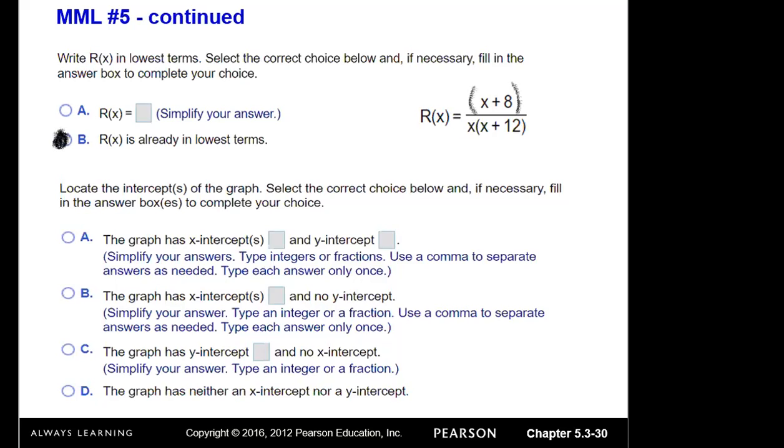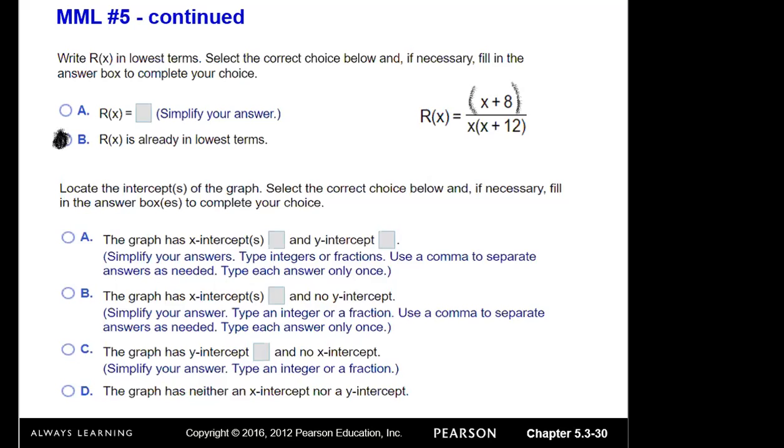Then it says locate the intercepts, and I apologize, I did not leave enough room on this paper to do all this work, because the x-intercepts is when y is 0, and the y-intercepts is when x is 0.